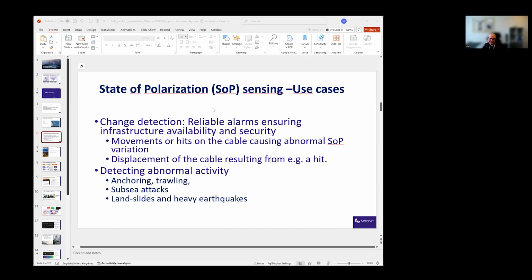And we can also see if it's a displacement of the cable. So if a trawl, for example, is hitting the cable and the cable is not in exactly the same path, this is something that we will see.